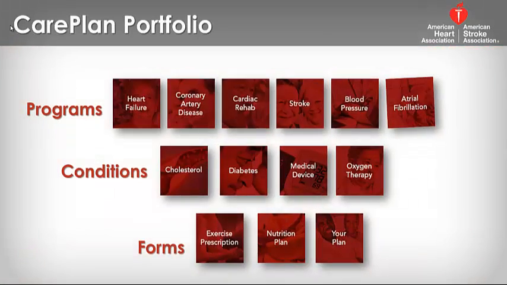And these programs are focused primarily on post-acute care, so patients with heart failure, coronary artery disease, cardiac rehab, stroke, high blood pressure, but they also incorporate conditions that may cross many of these programs, such as high cholesterol, diabetes, having medical devices, being on oxygen therapy. And there are core components, such as the development of an exercise and nutrition plan, as well as an overall plan for setting goals and objectives.